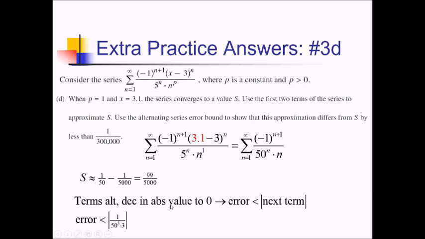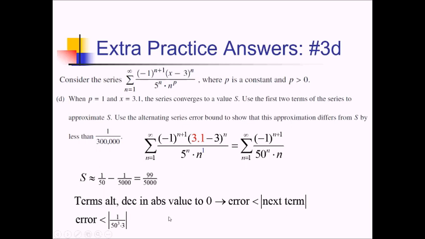We need to show that this is less than 1 over 300,000, though. And you can't just write that this is less than that. You have to simplify it a little bit so that you can reasonably see it's less than 1 over 300,000. So what do we have here? 50 to the third. Well, 50 squared is 2,500. 2,500 times 50, well, that's 5 times 25 with 3 zeros after it, so 125,000.